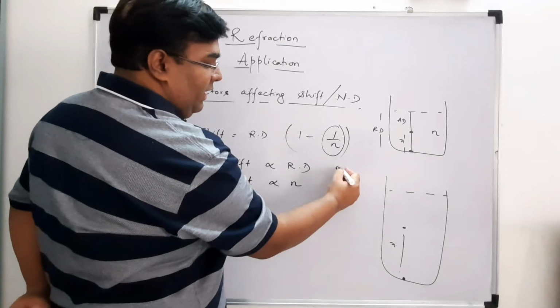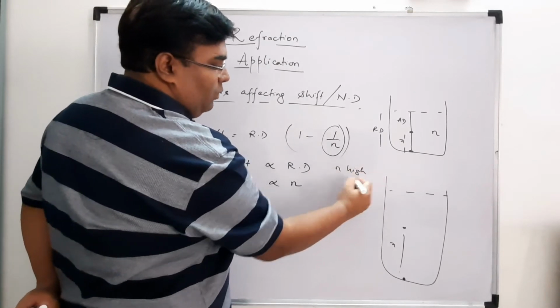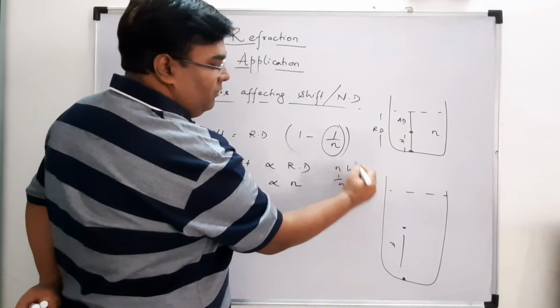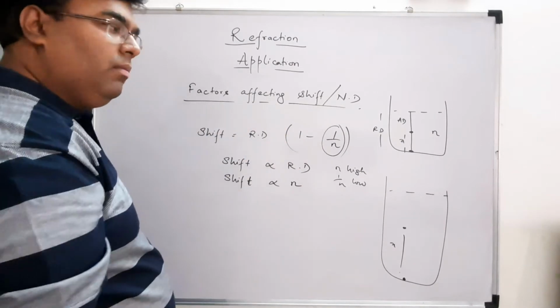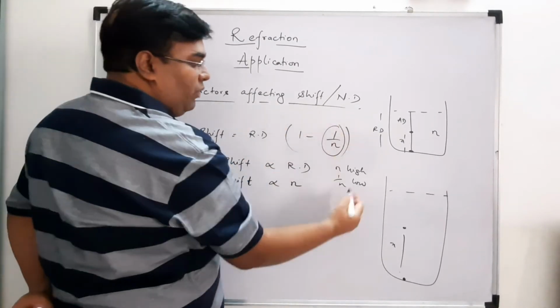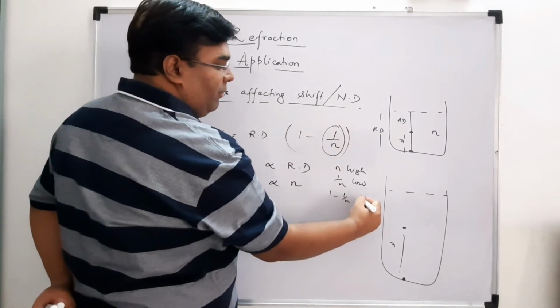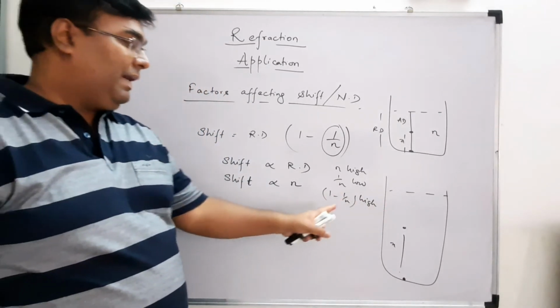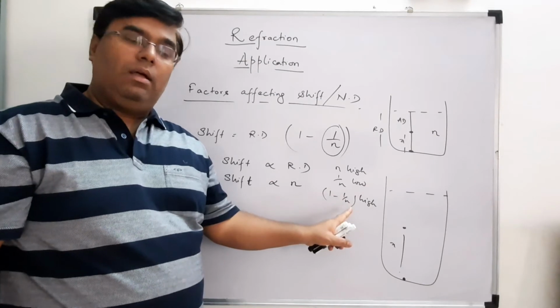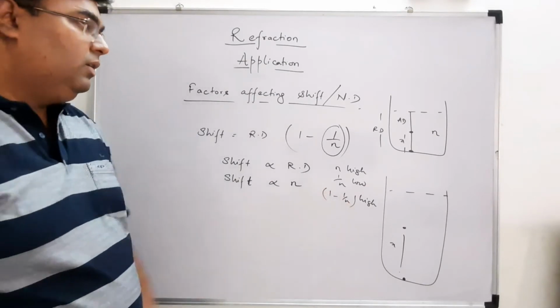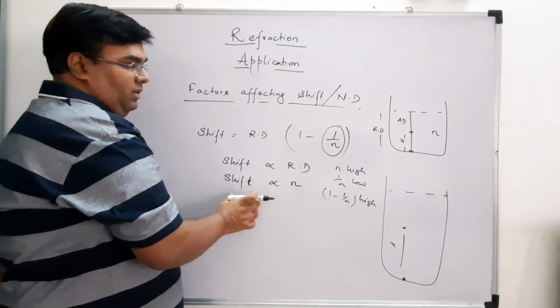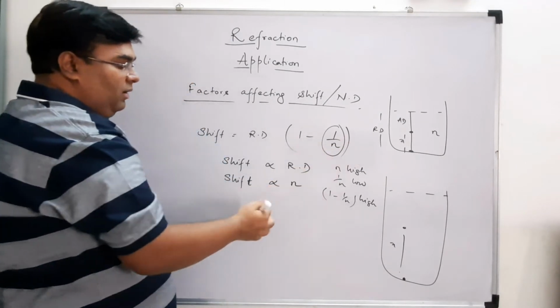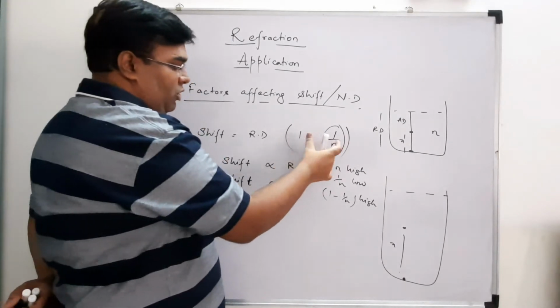If n is high, 1 by n, the reciprocal, will be low. And 1 minus 1 by n will be high, because you will be subtracting a lower number from 1. So the more the value of n, the shift will be larger.